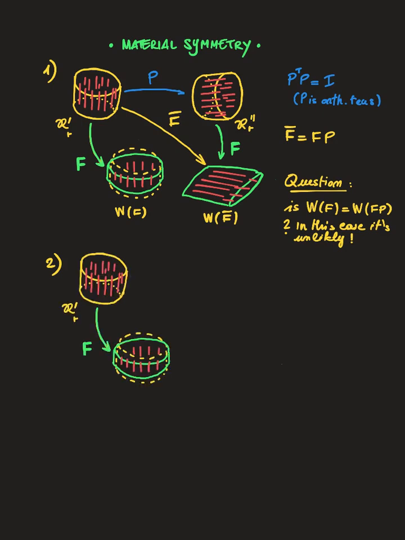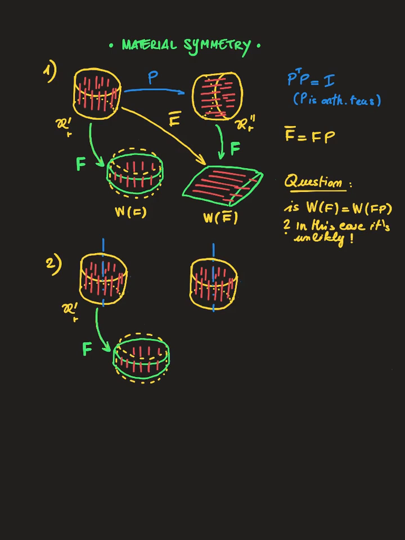In this second experiment, instead of rotating the body in this way, imagine that I rotate the body along the axis of the fibers. So for example, if the axis of the fiber is going in this direction, imagine the new body, and let me copy this body again.